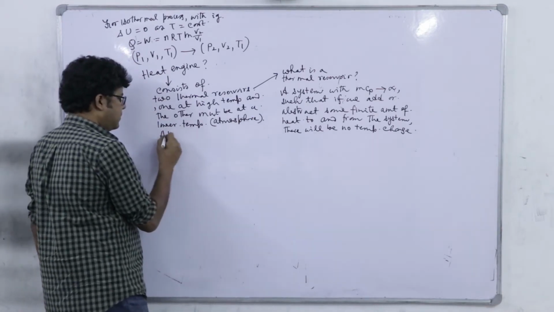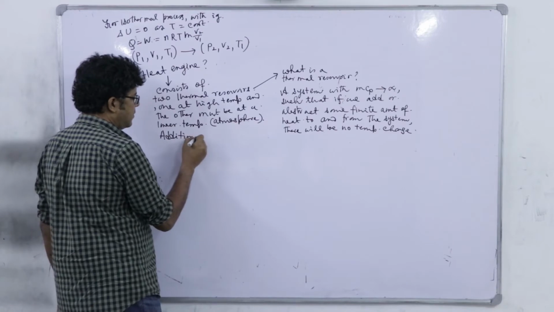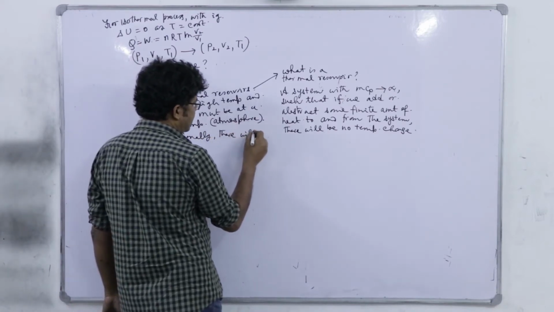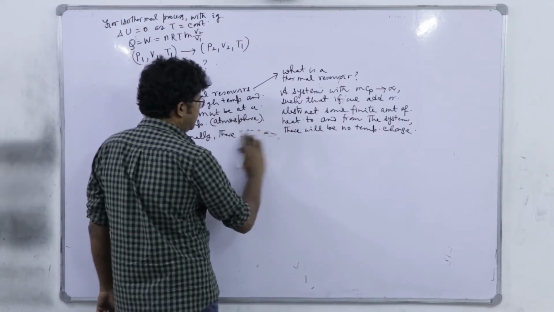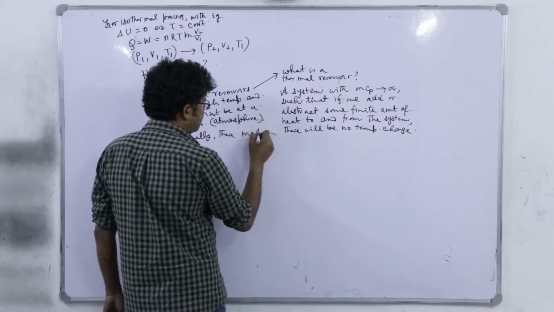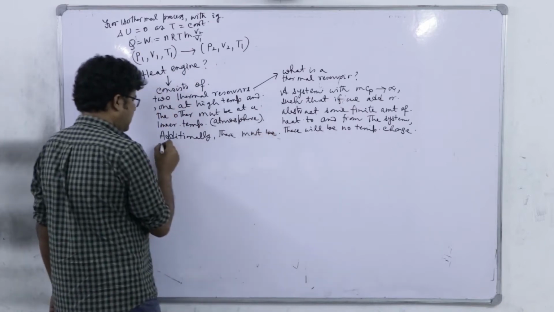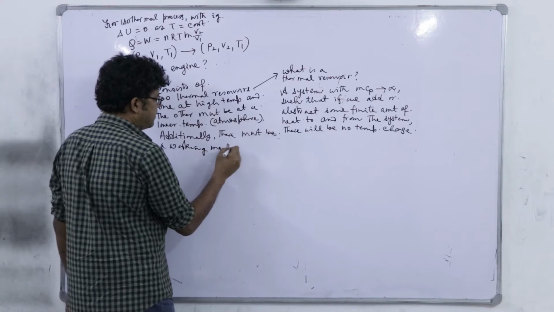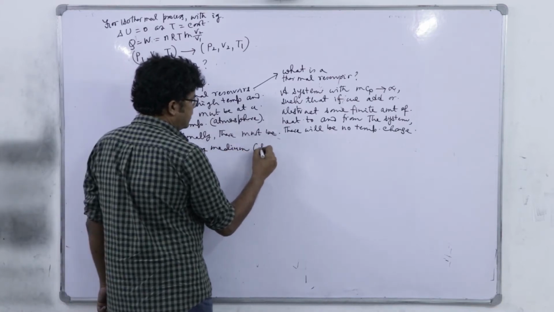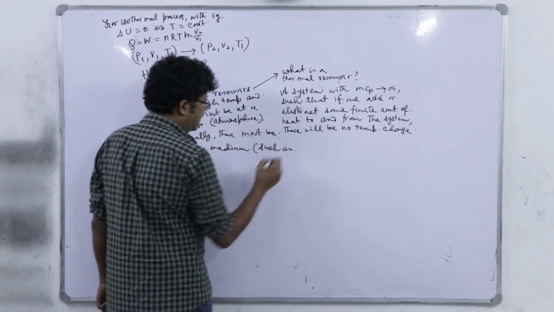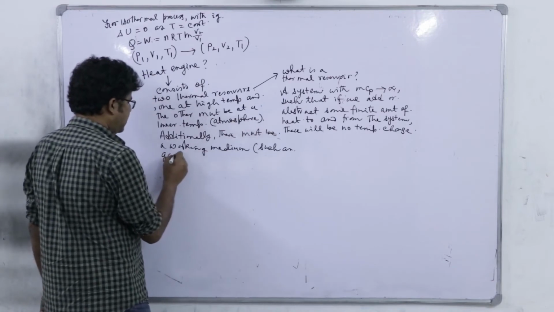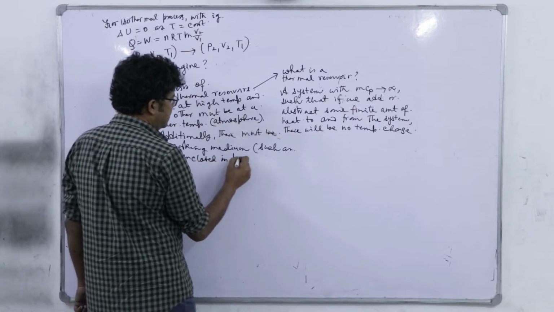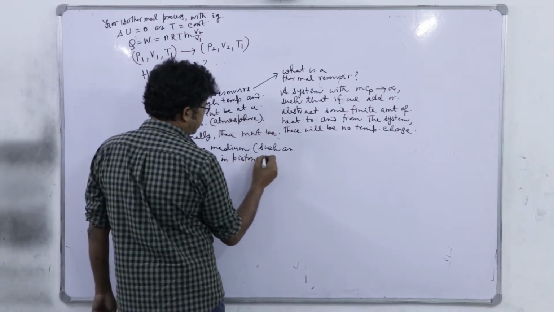Additionally, there must be a working material or working medium, such as gas enclosed in a piston cylinder assembly.